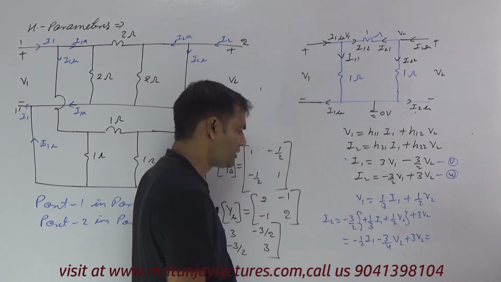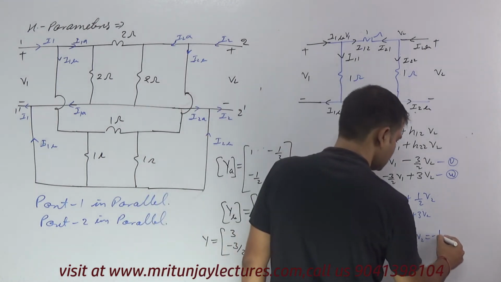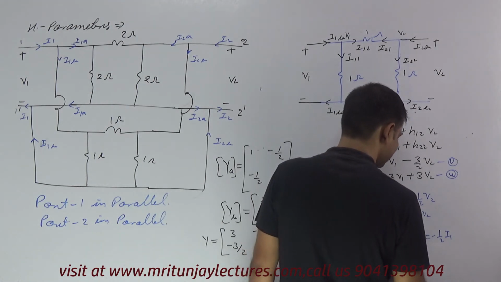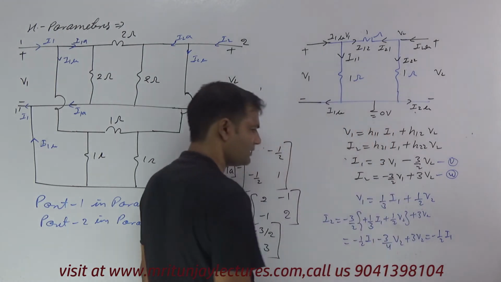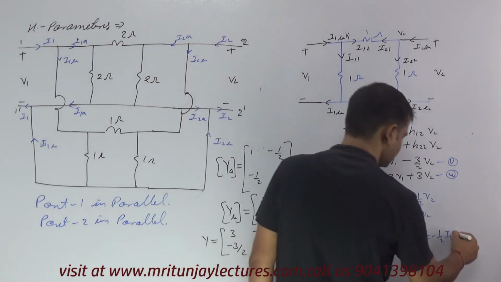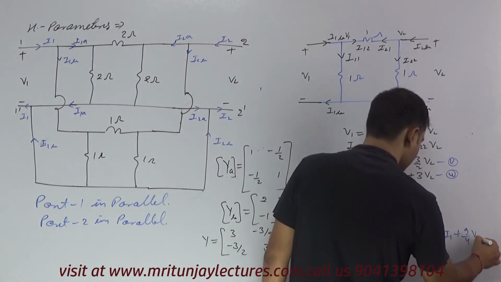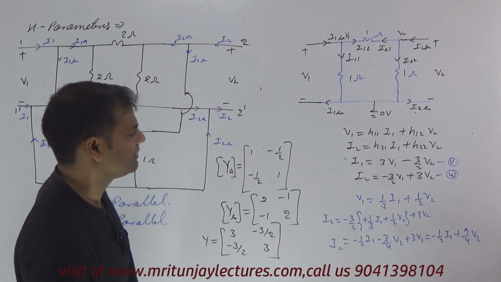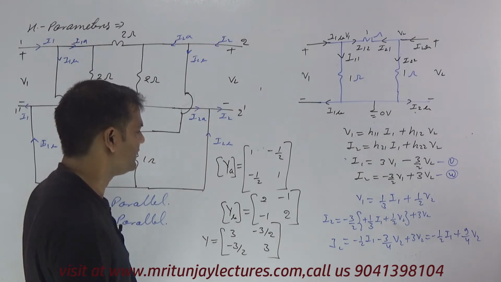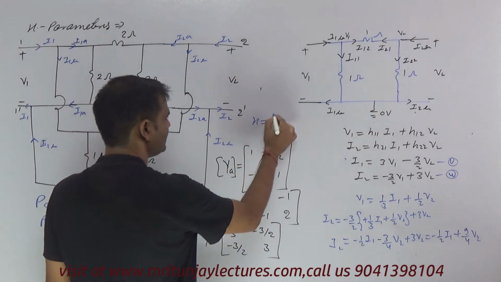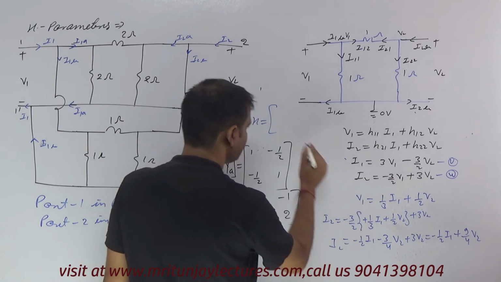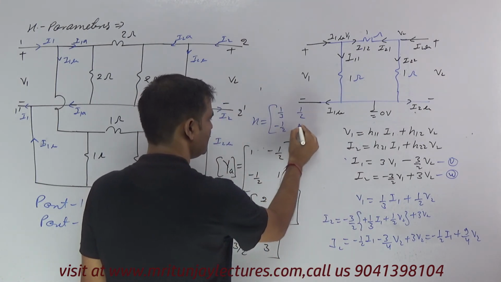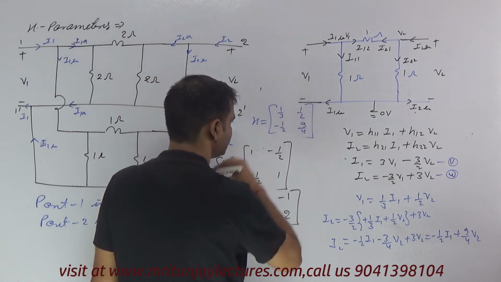Okay, so minus half I1, 12 minus 3, that is 9 by 4 V2, that is I2. Okay, I2 in terms of I1 and V2 like this. So finally the H parameter is written as 1 by 3, 1 by 2, minus half and 9 by 4. This is the final answer.